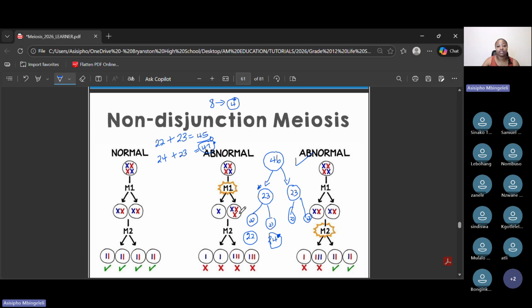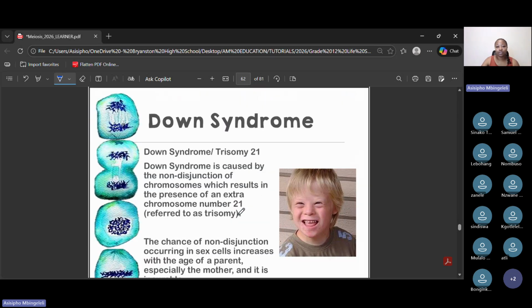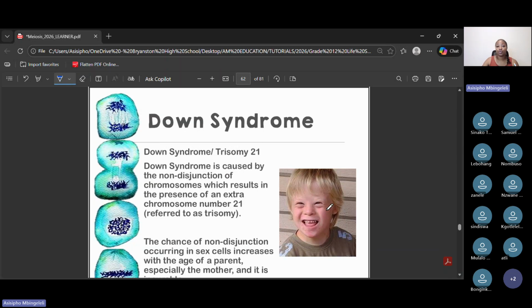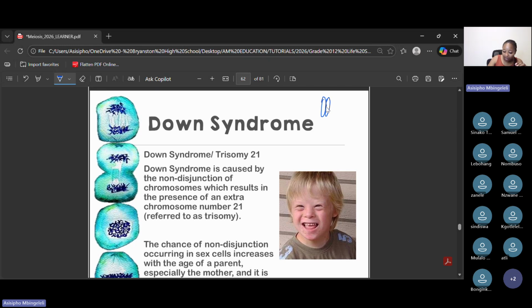That is very important. Now, with Down syndrome, there aren't a lot of things that you need to learn here. You just need to know the name, which is Down syndrome, and this is due to mutation or non-disjunction. This is non-disjunction that normally happens in chromosome pair number 21. We are supposed to have only 2 chromosomes in pair number 21, chromosome 1 and chromosome 2.